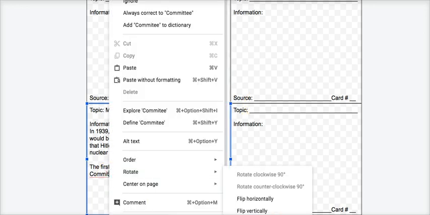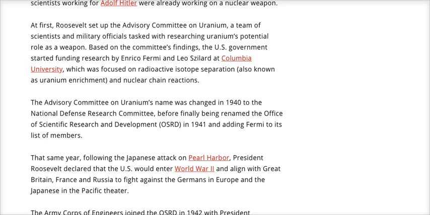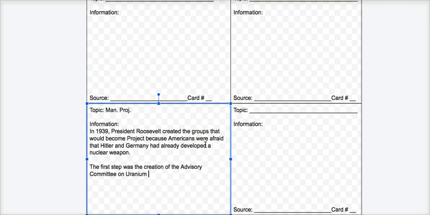Committee on Uranium, which funded research on the potential use of uranium in weapons.